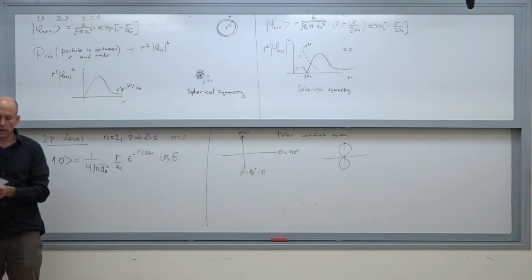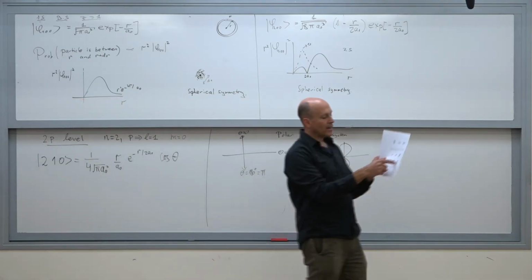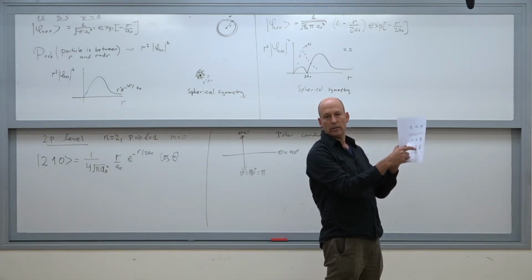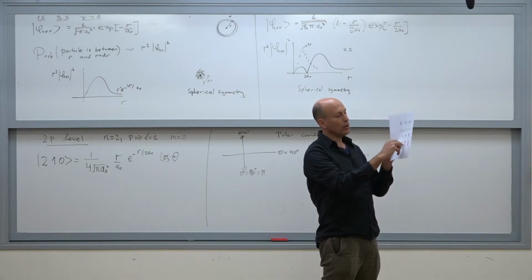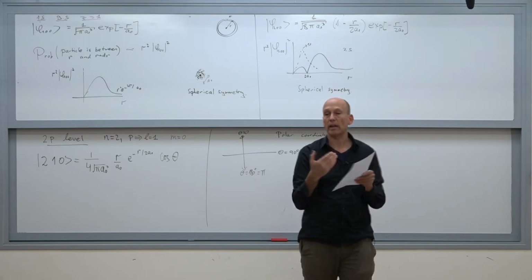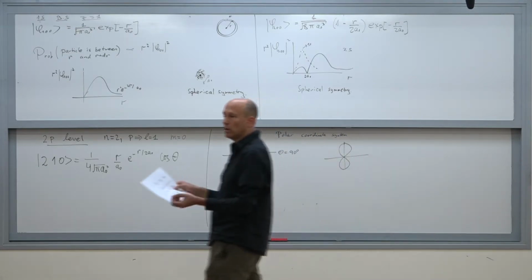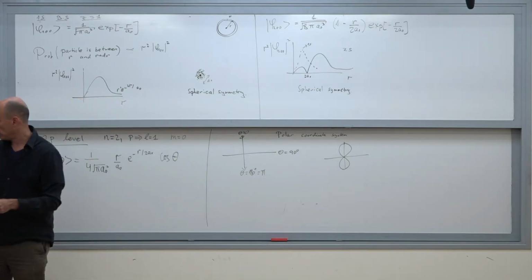And then you see here 3p. Again, you can see with your eye more or less the shape of an 8, but it is cut off somehow. Why is it cut off? Because n equals 3, so you have regions where the wave function is 0. So people like to plot it like that.